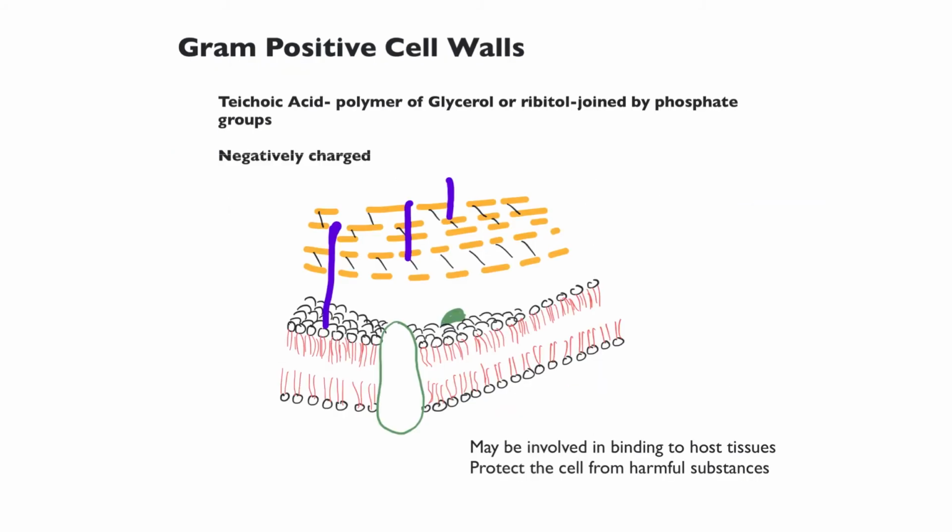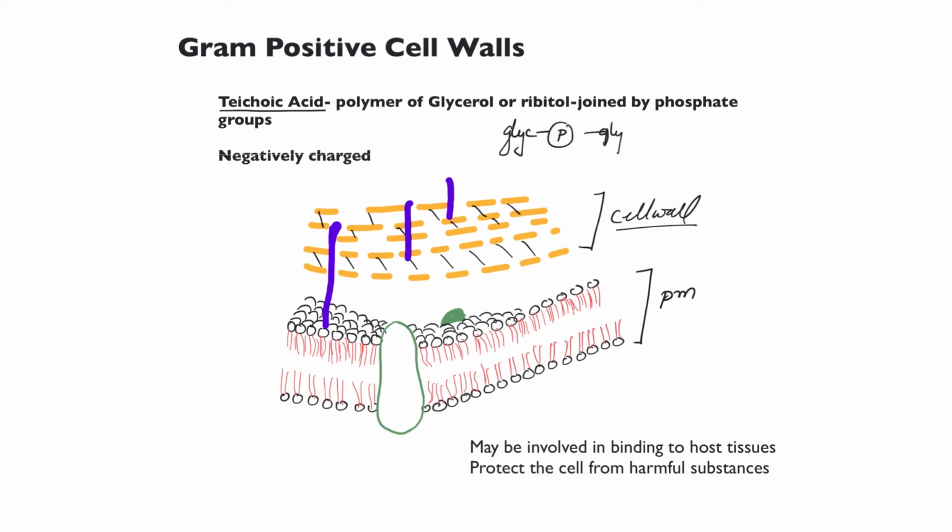Now, in addition to that, we have some more stuff that we should know about. So this is our whole plasma membrane, and that is the cell wall. Another compound that helps them is teichoic acid, which is a polymer of glycerol joined by phosphate.